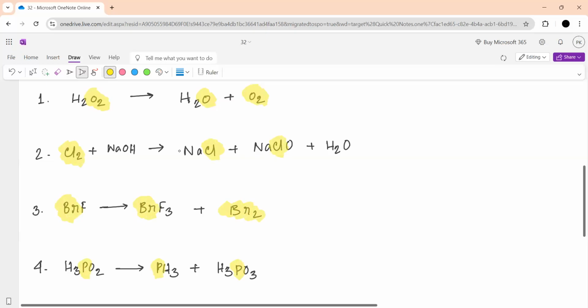If you need any kind of hint, just ask me. So you have to determine the oxidation number of oxygen on the reagent side and on both product sides. Same for Cl2, same for bromine, same for phosphorus. Consider the oxidation state for the others to be the usual one.